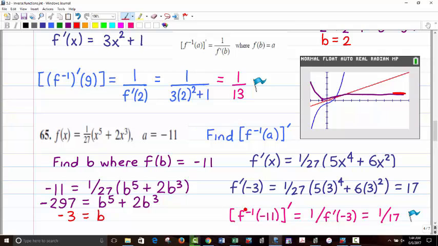So therefore, the derivative of the inverse function at negative 11 equals 1 over the derivative of the original function at negative 3, which then I put negative 3 into the derivative. From when we took the derivative, plug in, and I have positive 3 there, which is a mistake, but fortunately they're both squared, fourth and squared, so it's correct. But it ends up being 17.